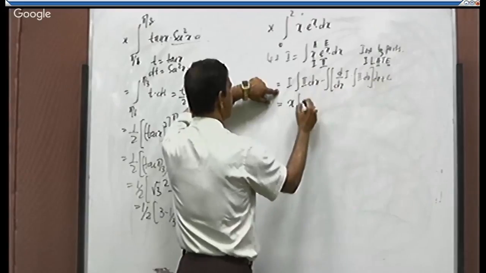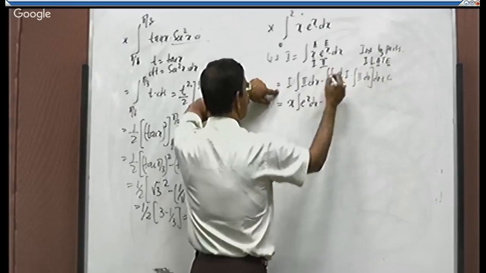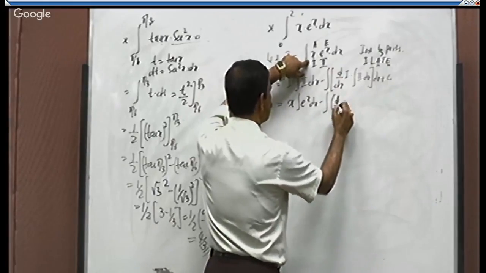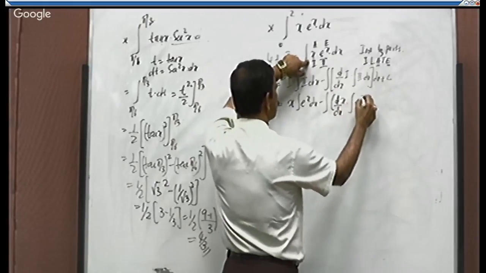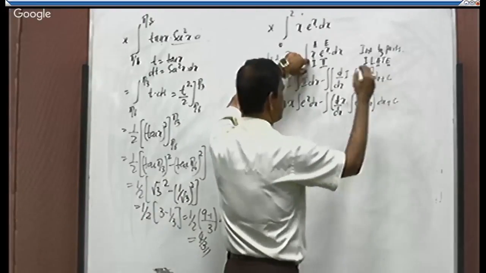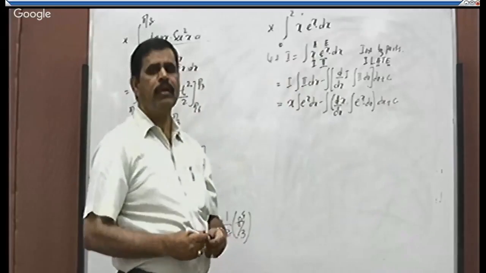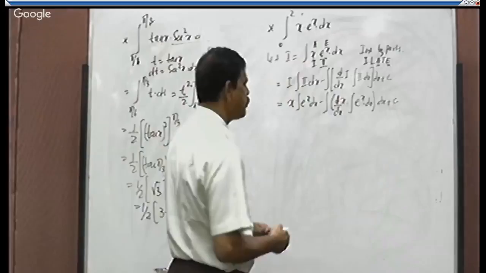Integration of second function e power x dx minus integral of d by dx of first, that is x, into integration of second into dx plus c. Wherever we have integration, integrate it. Wherever we have d by dx, differentiate.